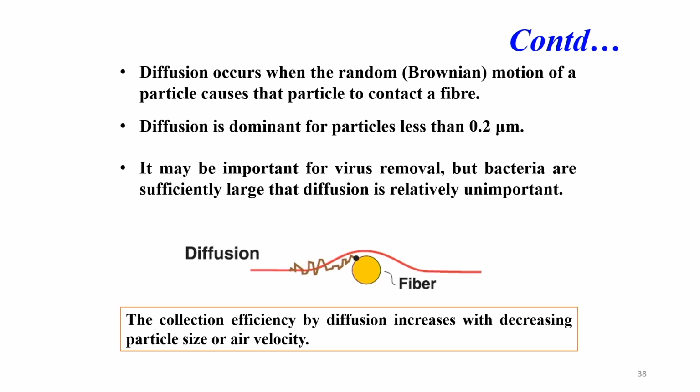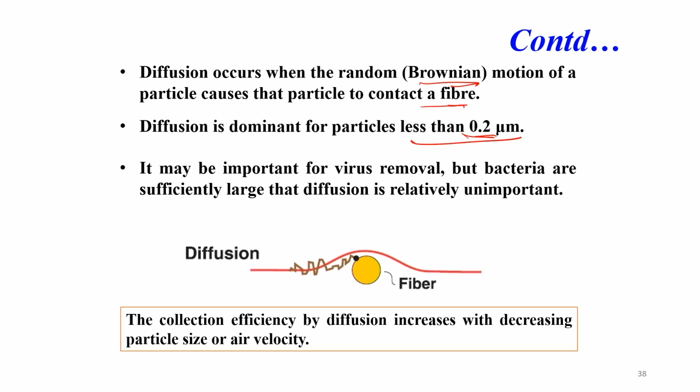Now, third is diffusion. Diffusion occurs because of the random or Brownian motion of a particle, and because of that it contacts a fiber. Diffusion is dominant for particles less than 0.2 micrometer in size.